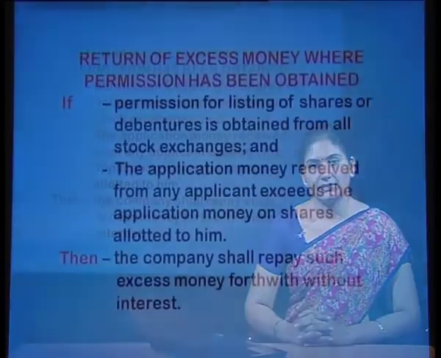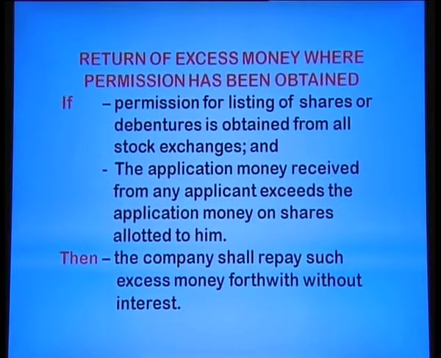Now let us discuss if the application has been entertained by the stock exchange and permission has been granted. There shall be a return of excess money where the permission has been obtained.